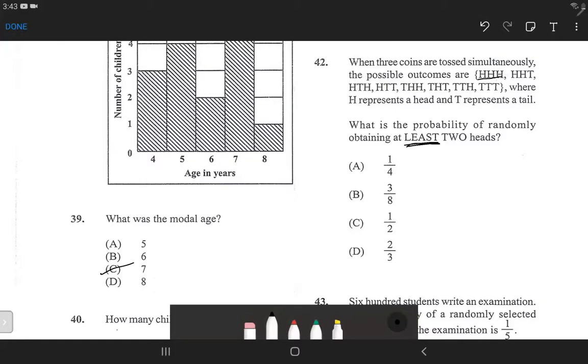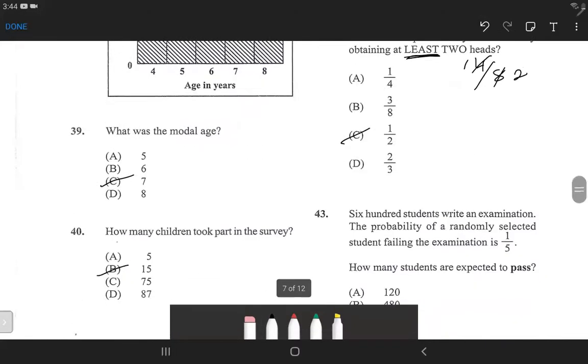You count this one because it is more than 2, so it's at least 2. Let's say I have 1, 2, 3, 4, and that's it. 4 out of 1, 2, 3, 4, 5, 6, 7, 8. 4 out of 8 is a half.